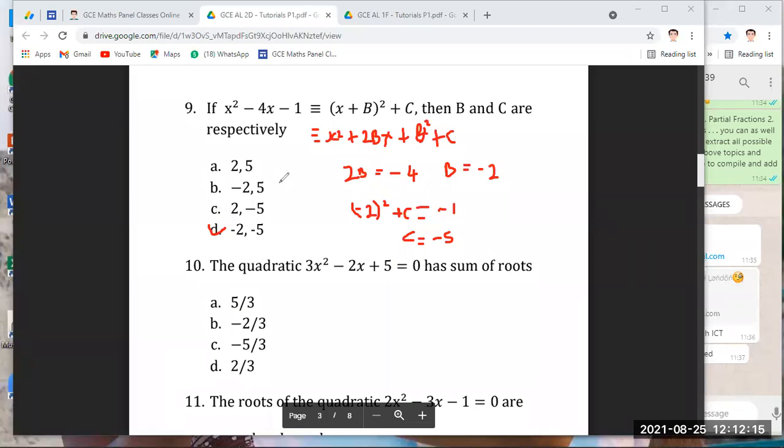All right, now question number 10. Question 10, the quadratic has a sum of roots. What's the sum of roots of this quadratic?